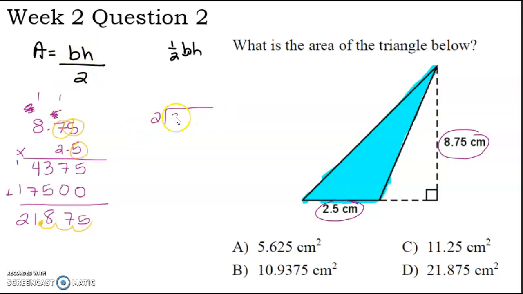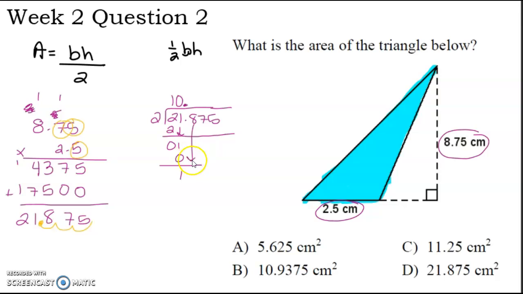Divide whatever our base times height is, which is 21.875 divided by 2. 2 goes into 2 one time. Oh, sorry, put my decimal up here. 2 can't go into 1, so it goes in 0 times.